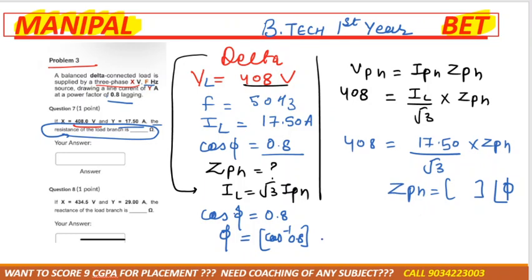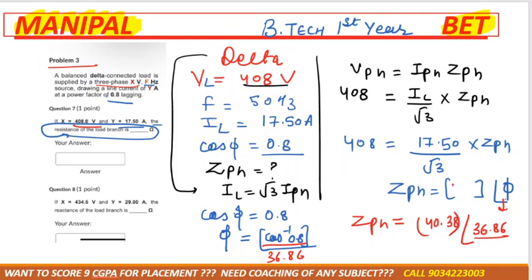And angle is phi, we can get the angle from here. Yes or no? See, phi angle we'll get from cos inverse 0.8, 36.8, and after solving it we'll get 40.38. They are asking r, so convert it into the rectangular form. Rectangular form is r plus jXL. So after comparing the equation you will get the resistance, right?